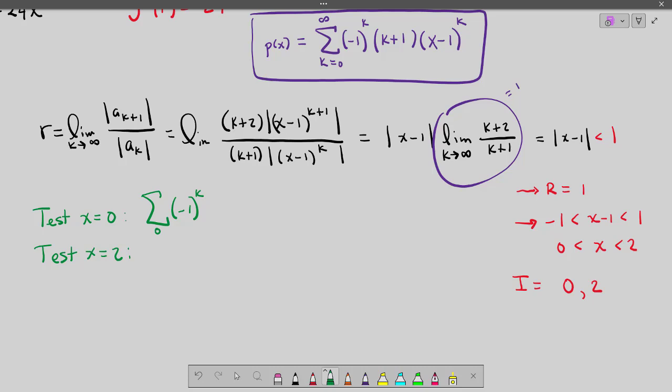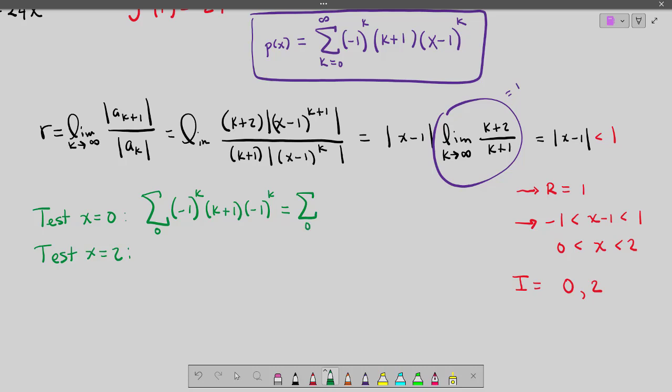So we are looking at this series. We're replacing x with 0. So we get a -1 to the k. So -1 to the k times -1 to the k is -1 to the 2k.